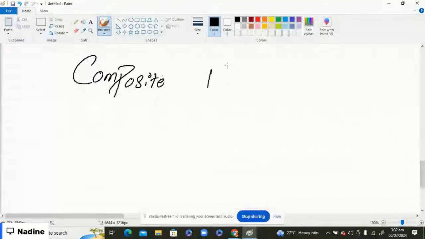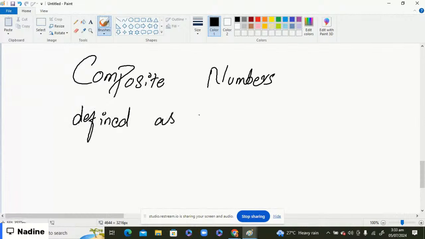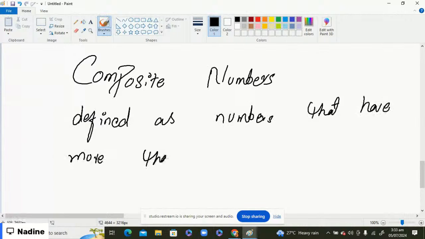Composite numbers are defined as numbers that have more than two factors.